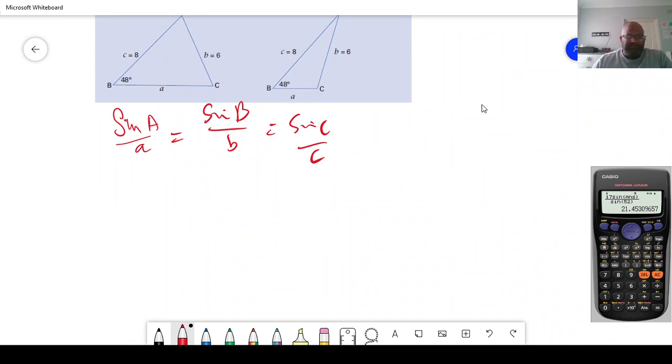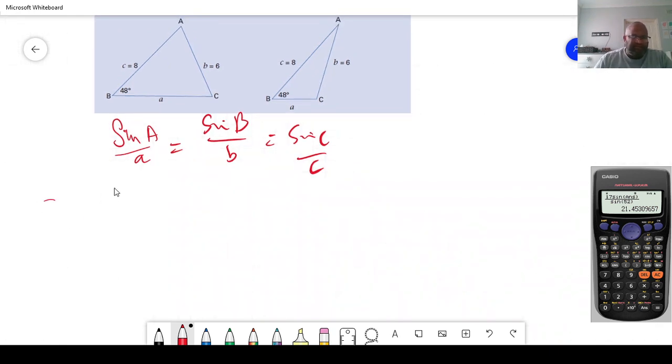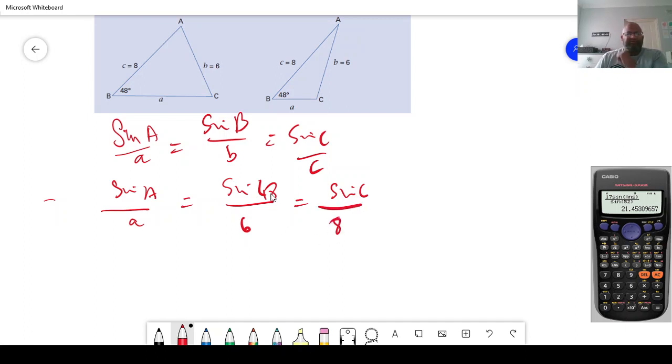For sine A over a, angle A is unknown, so that is equal to sine 48 over 6, there's my known ratio, which is equal to sine C over 8. So at this point I can calculate angle C. I take the 8 up, so sine C is equal to 8 sine 48 over 6.